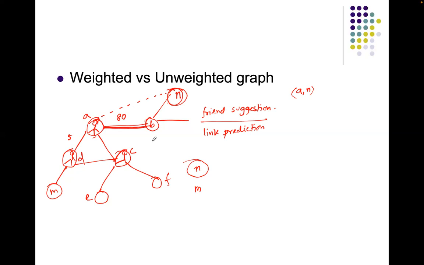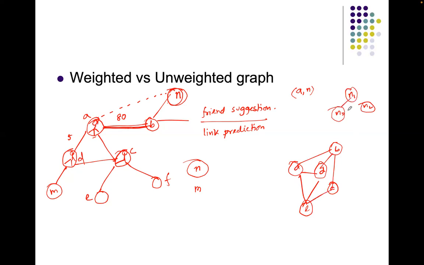Now, let's think about the same example, the same friendship graph. Here we have a couple of other people, say N1, N2, N3. Let's see what the graph looks like.